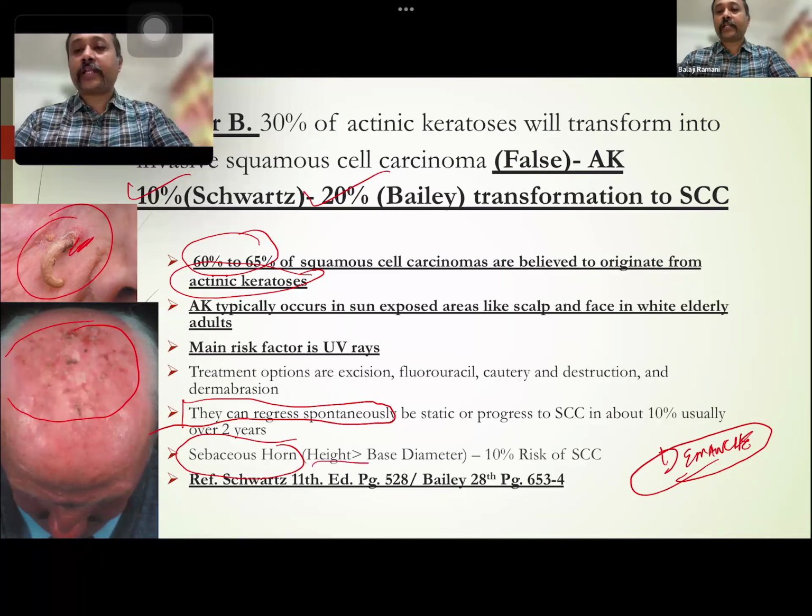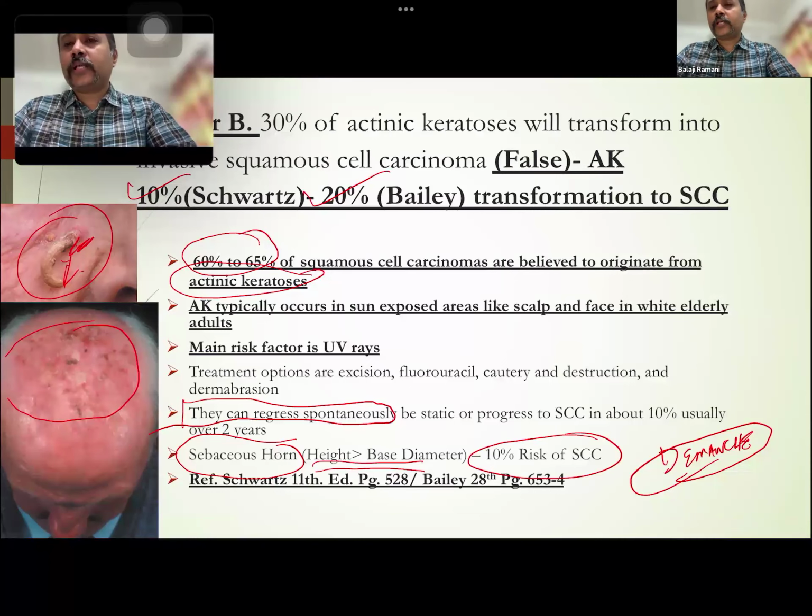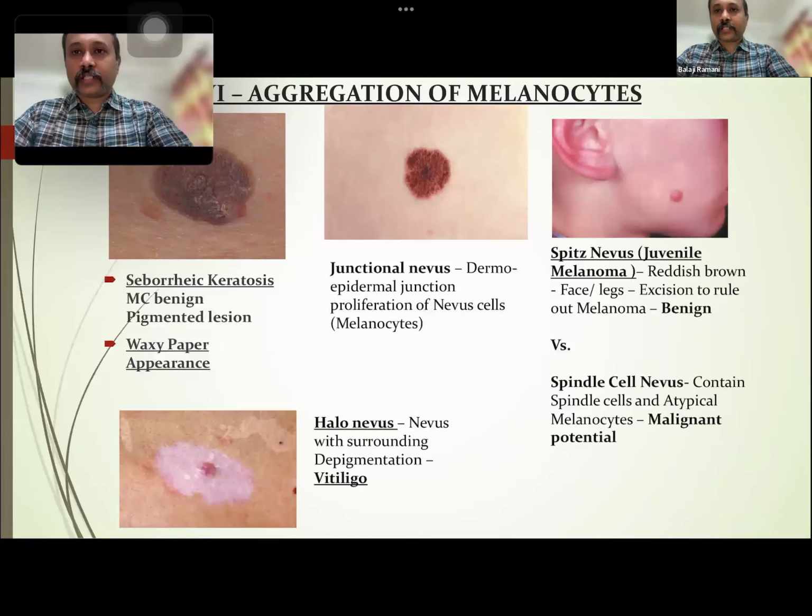So height is greater than the base diameter. Whenever you have that kind of criteria, you can see that the height of the lesion is much higher. This is known as a sebaceous horn. Here again, there is a 10% transformation to malignancy. So it is better to excise these lesions. So these are the various lesions that we have, again, which may come as a question for your examinations.